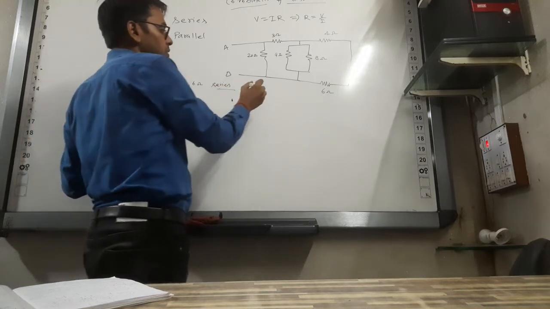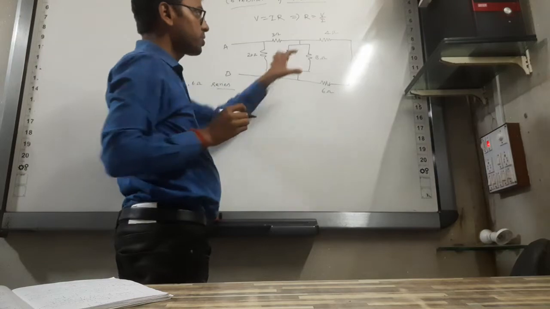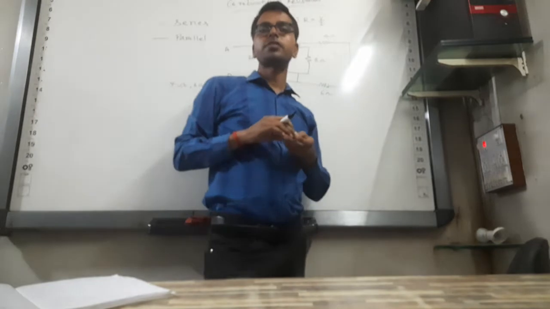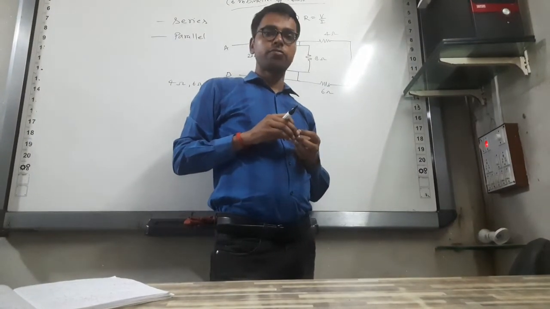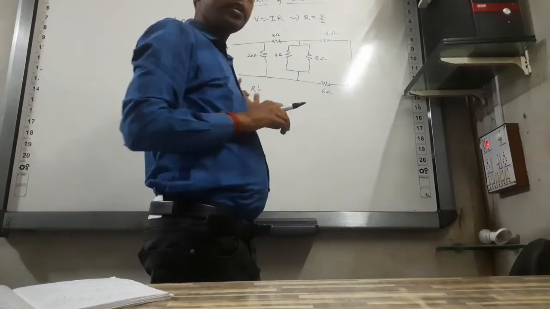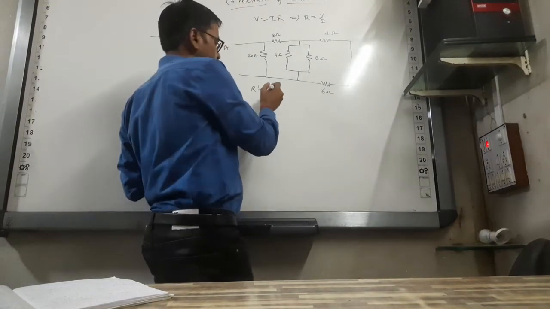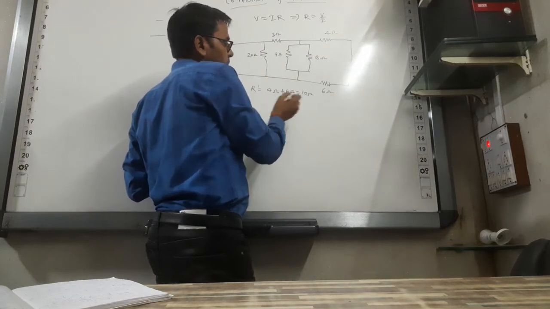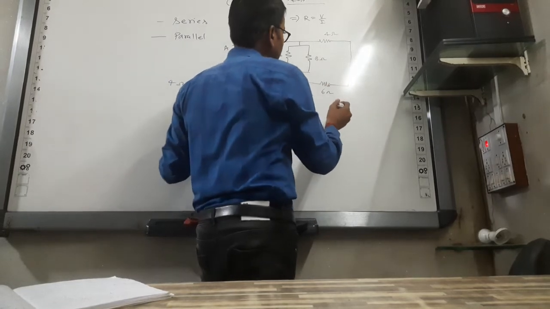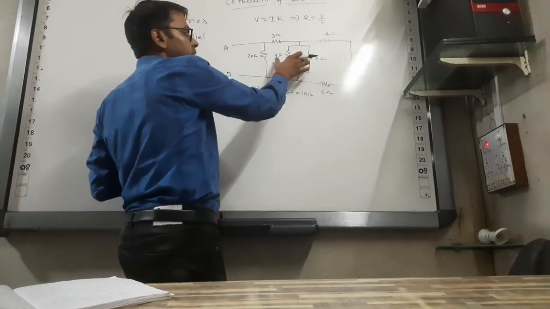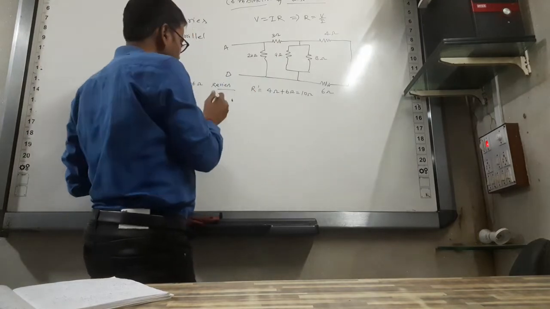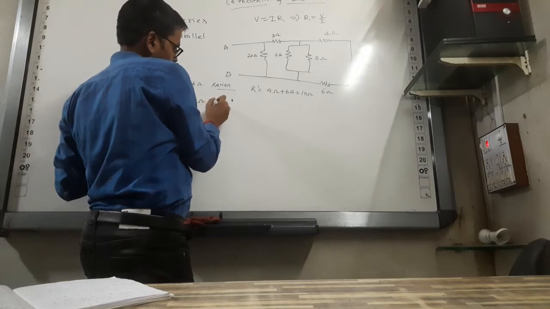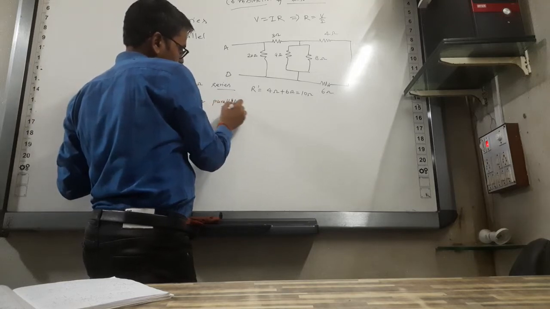So R dash, suppose the equivalent resistance for this case. The equivalent resistance for series combination is R1 plus R2. In this case R1 is 4 ohm and R2 is 6 ohm, so R dash becomes 4 ohm plus 6 ohm equals 10 ohm. Now 9 ohm and 8 ohm are in parallel combination.